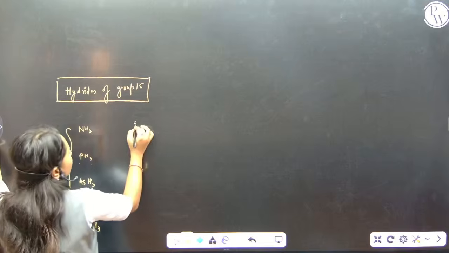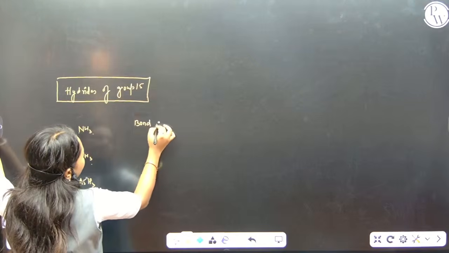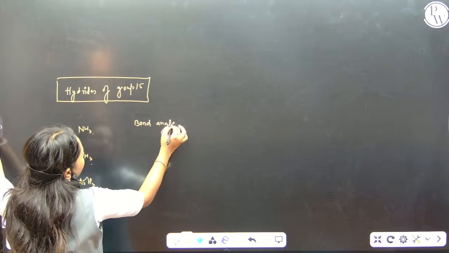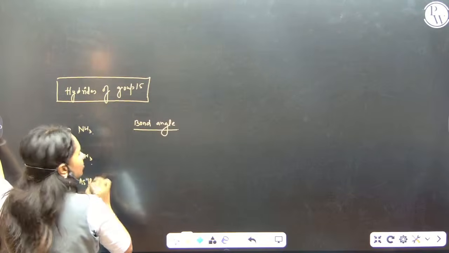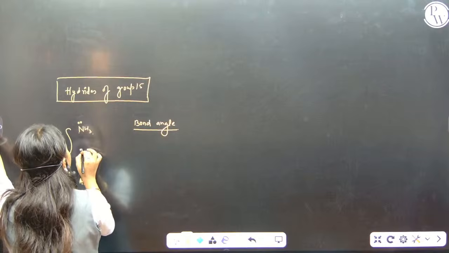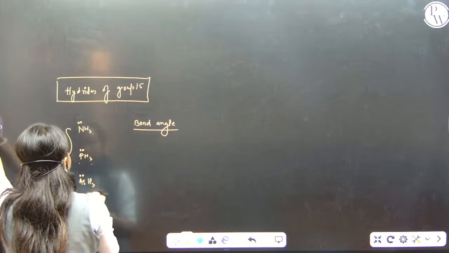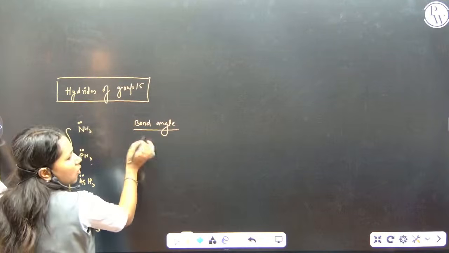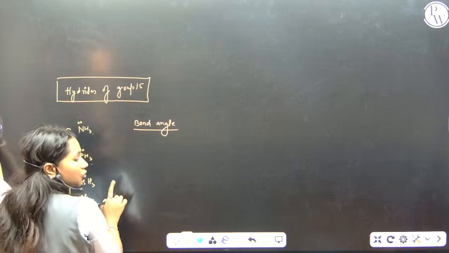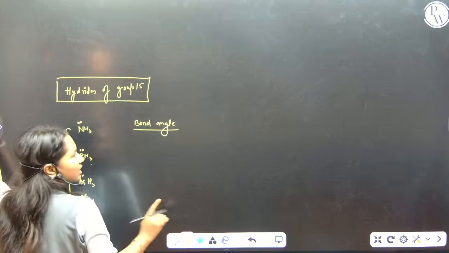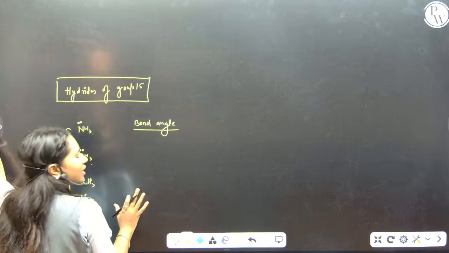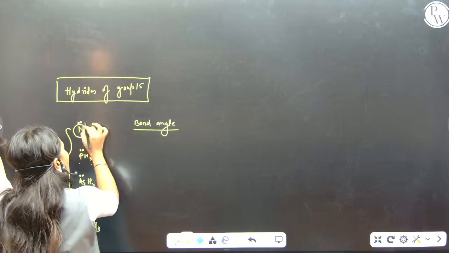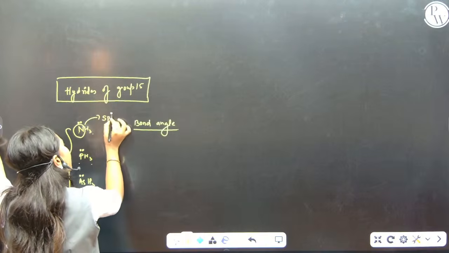First, bond angle. They all should be sp3 hybridized, but nitrogen only is sp3.